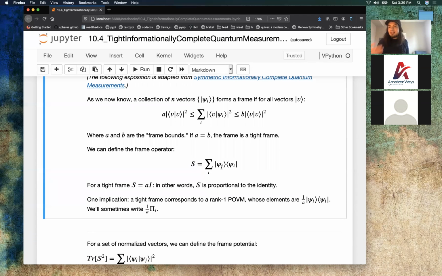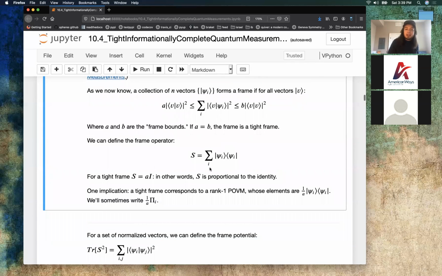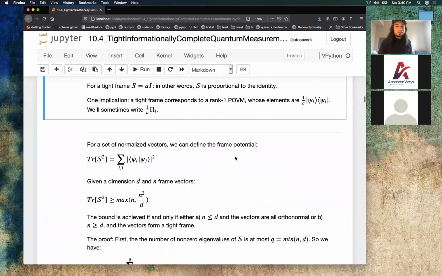Each of these is a Hermitian, positive semi-definite operator, etc. And so the idea of a tight vector frame and that of a rank 1 POVM are just the same notion. Rank 1 meaning that these elements can be written as outer products. You can have POVMs that have higher rank, but we won't really be talking about them too much here.